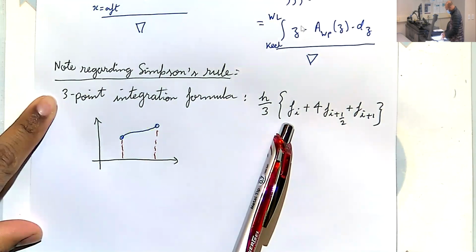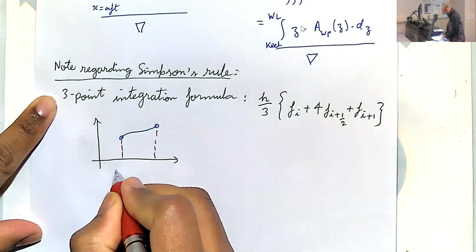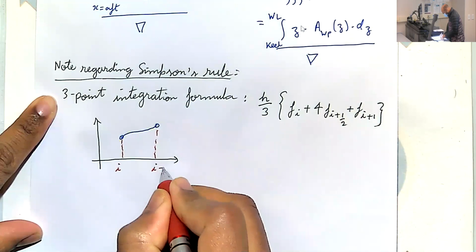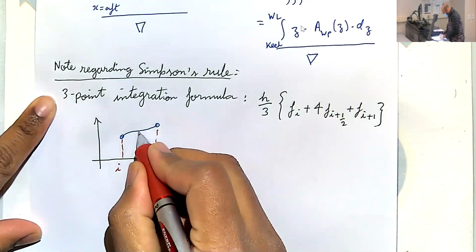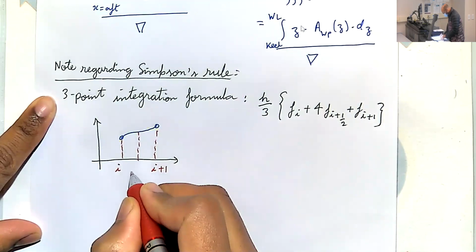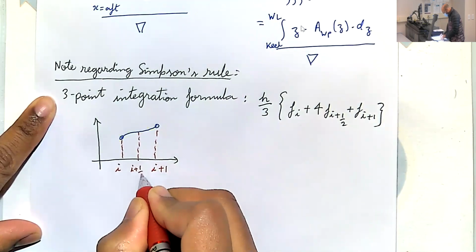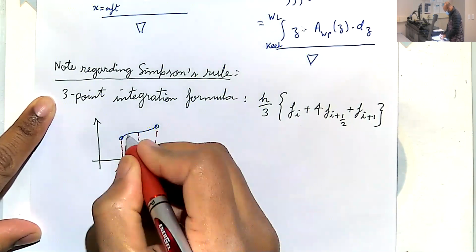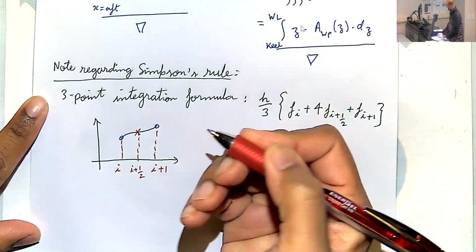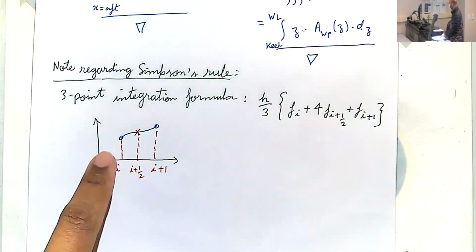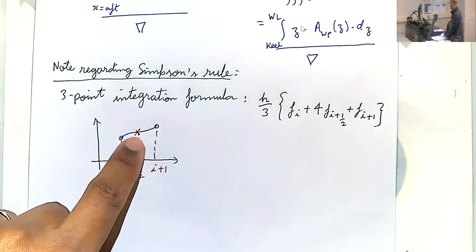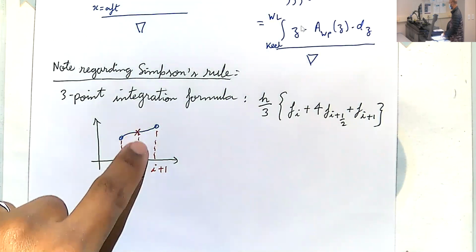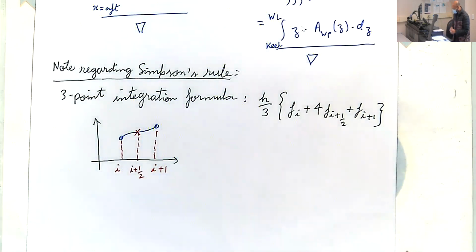We have the left guy and we have the right guy. So this is i and this is i plus 1. What we need is, at half, what's the value? i plus half. Okay, so we need this guy. If we know the curve function, it's easy to find this value. You just plug in the x value, you get the corresponding y value.